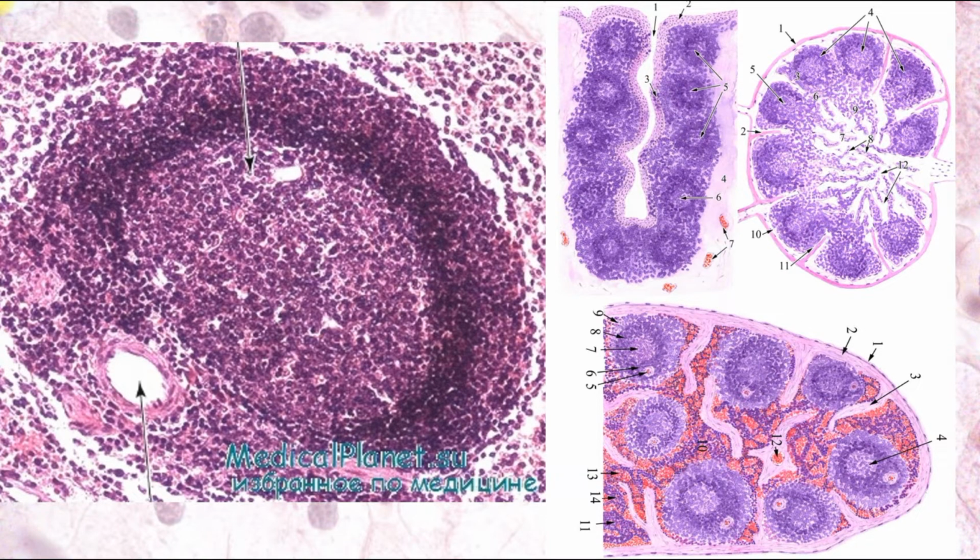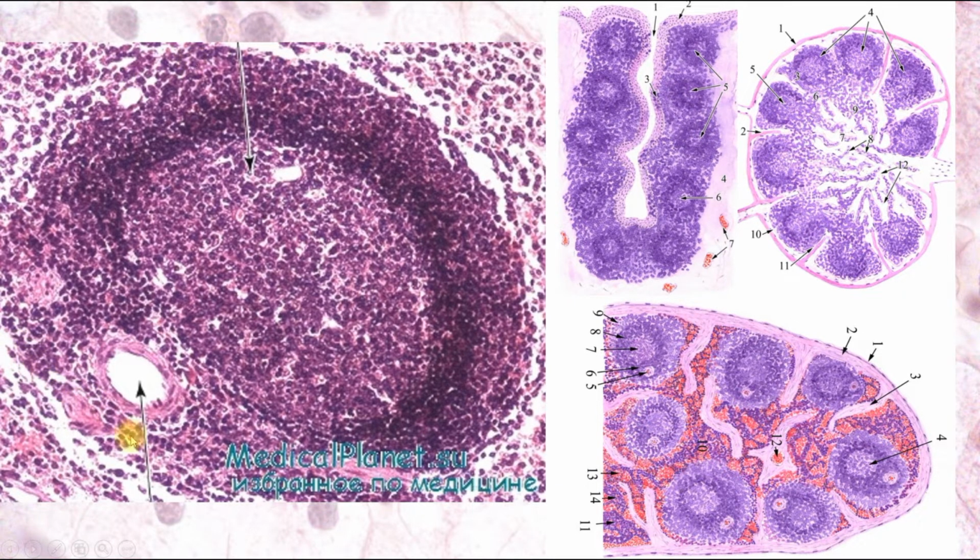For example, in the digestive tube, in the respiratory system, and lymph node is an organ of the immune system. So don't confuse the two terms, lymph node and lymphatic nodule. Nodule is a small group of lymphocytes which are present in different peripheral organs, and lymph node is an organ.